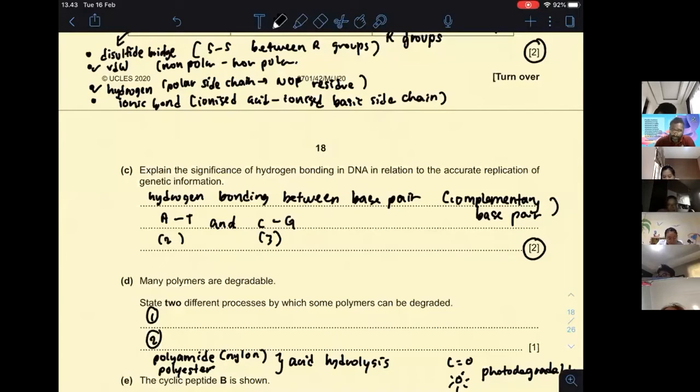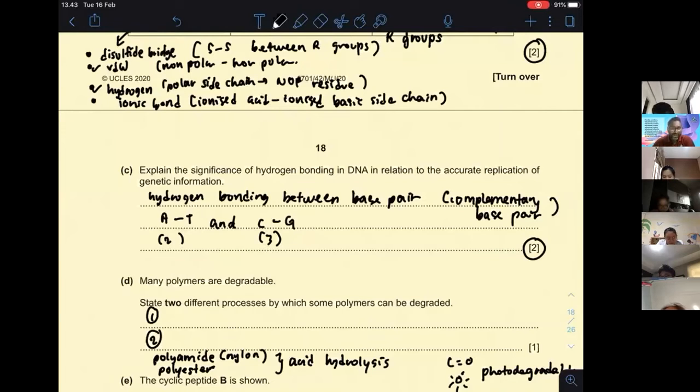That's going to give you 1 mark. So you need to tell what are the base pair that is going to complement to each other. So A to T, and then C to G. And if you want to mention about the number of hydrogen bonding, I have written it, but no marks given here.